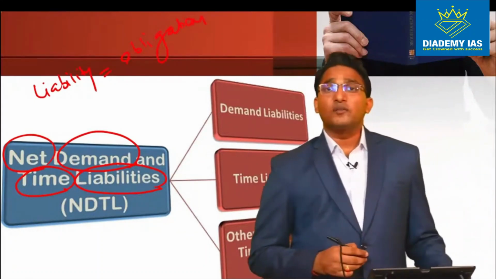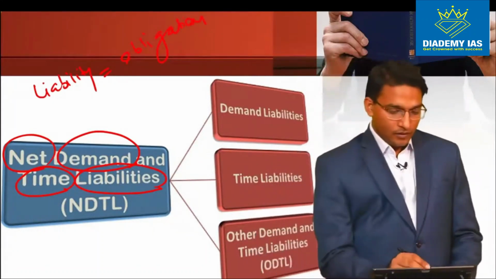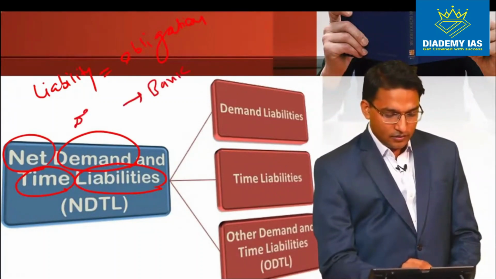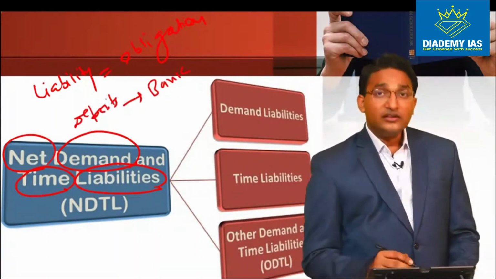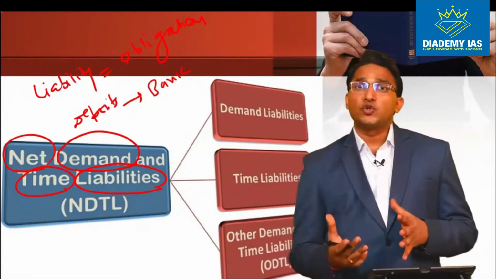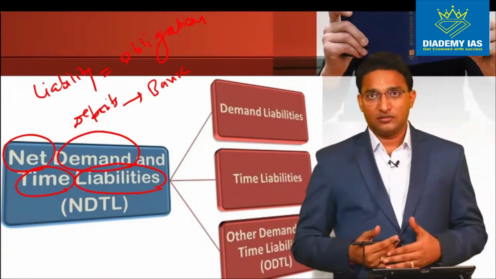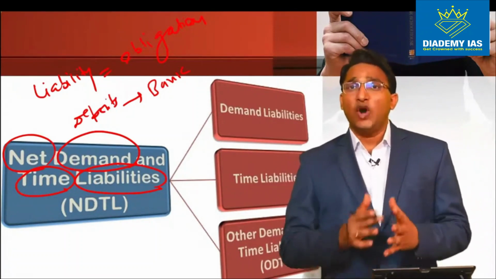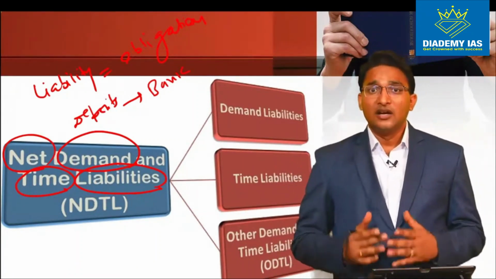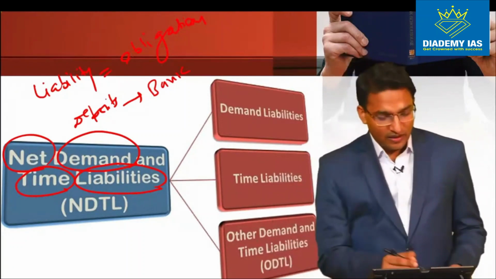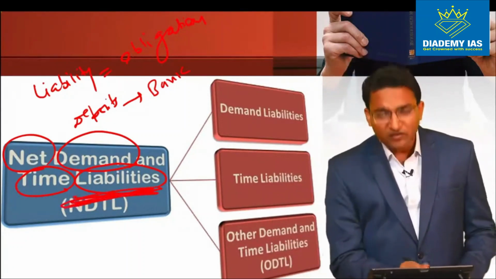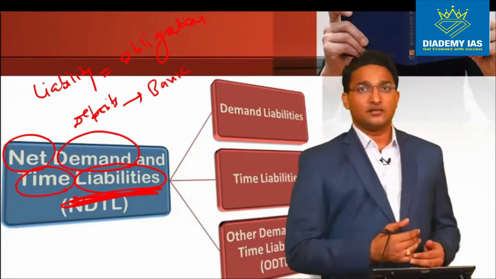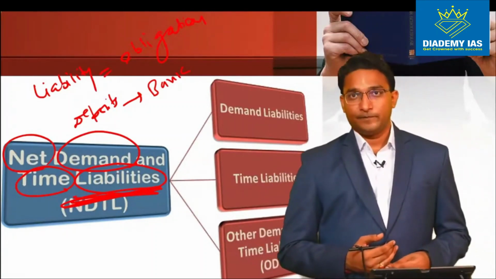If we see from the perspective of the bank, if the bank is receiving deposits, the bank is supposed to give these deposits back to its customer in future. So these deposits are nothing but the liability of the bank, the obligation of the bank. So liability means the obligation of the bank which it has to pay to the customer, to the depositor.